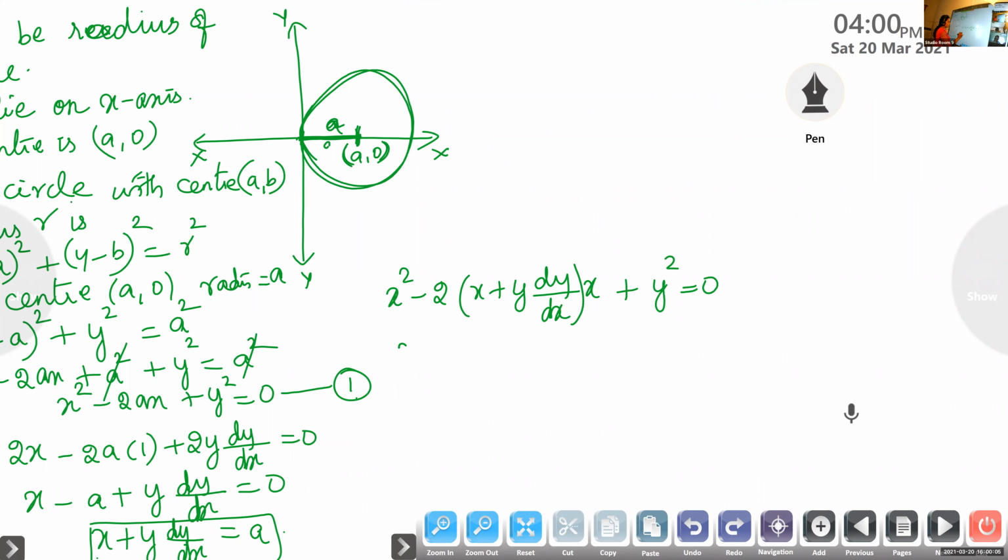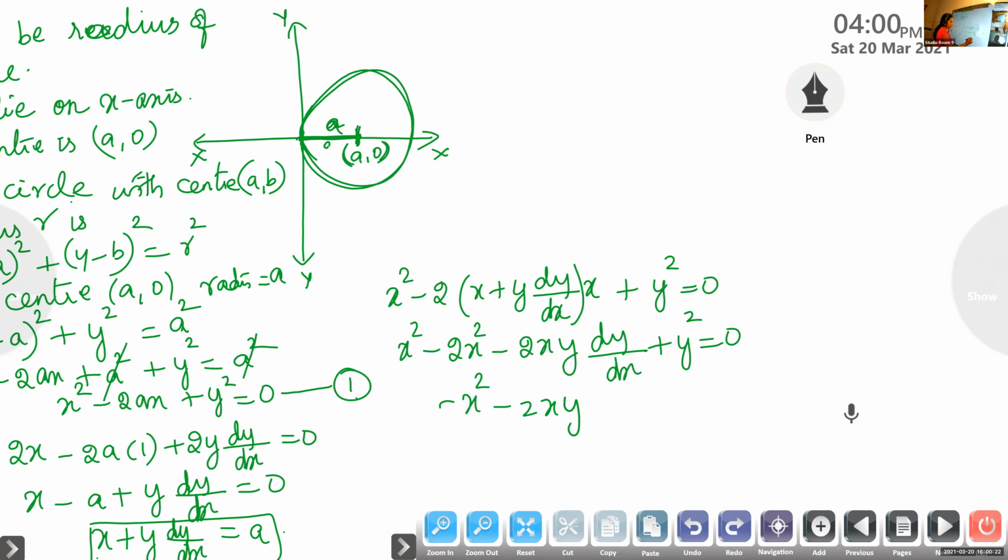So when you open the bracket, x square minus 2x square minus 2xy dy by dx plus y square is 0. So x square minus 2x square means minus x square minus 2xy dy by dx plus y square is 0.